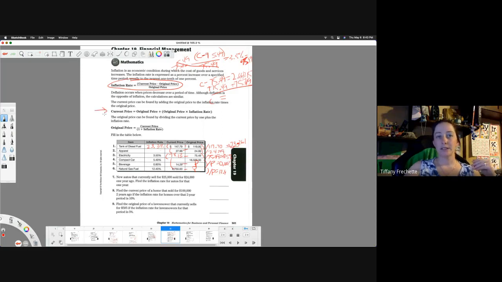But you can use this as well. So current price equals original price plus original price times inflation rate. So it's actually the same thing I'm doing in the equation. I'm just showing you how they're doing it in the equation. So they're doing original price, 75.49 times the inflation rate, and then they're adding that back to the original price.